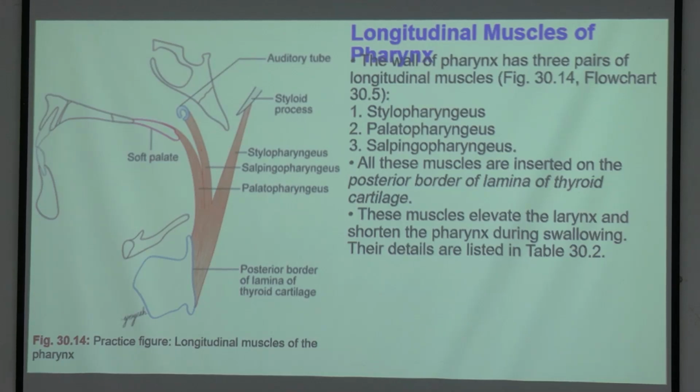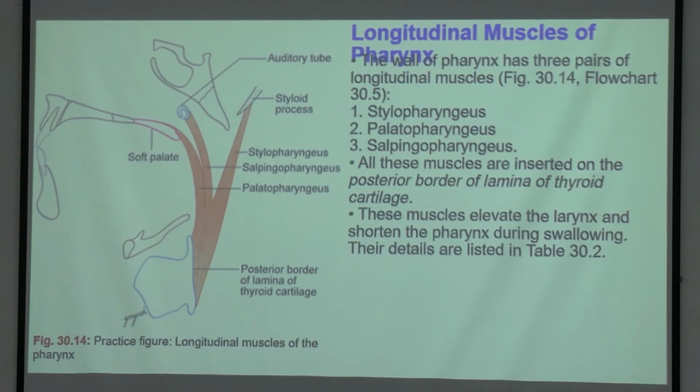Now, outside we have seen all these muscles, that is the superior, middle, inferior constrictors, but inside we are getting three pharyngeal muscles which help. These constrictor muscles actually constrict, and they help in propagation of the food. There are some longitudinal muscles present inside.